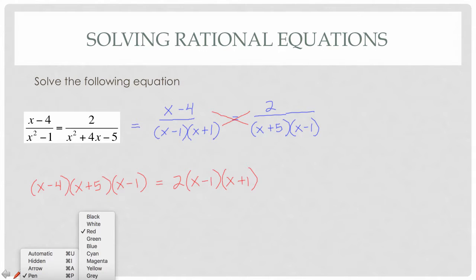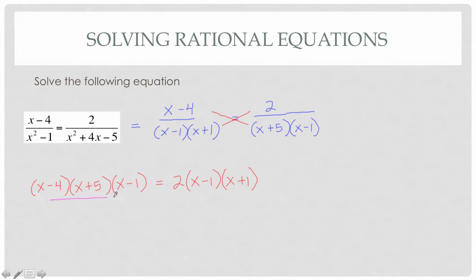But it's not that bad because some things are going to work out nicely. Watch what happens when I notice, oh, we've got an x minus 1 factor here, and I've got an x minus 1 factor here. When solving equations, I can do the same thing to both sides. Let's divide the left side by x minus 1. Let's divide the right side by x minus 1.